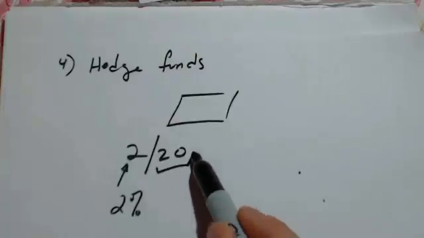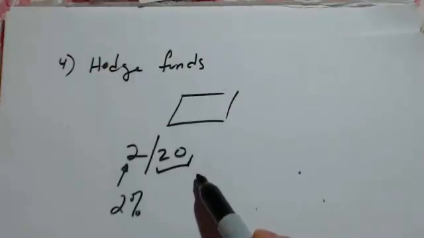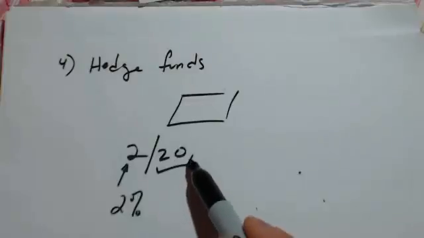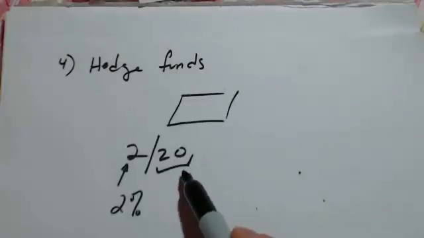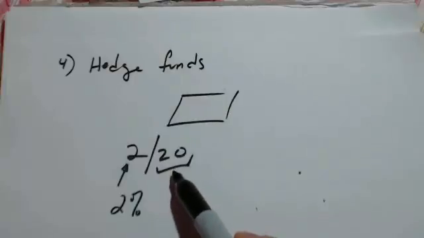And they'll also take a performance fee of 20%, which means any capital gains above what's called a high water mark, 20% of it will be skimmed off by the managers, which gives the managers a lot of incentive to try to outperform the market, because they get rich when they outperform the market.